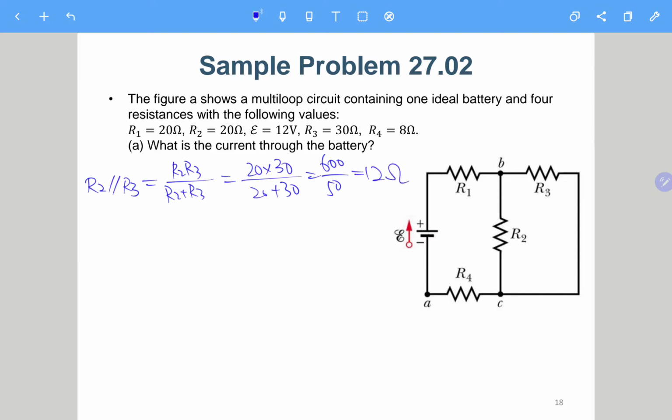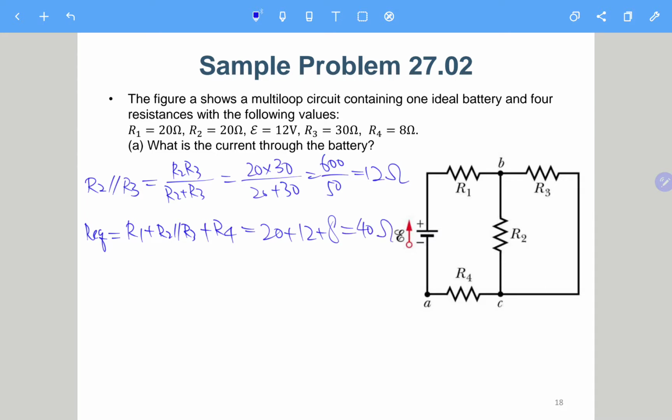So R equivalent will be R1 plus R2 parallel R3 plus R4. This one is in series with this one and then in series with this one. So we have 20 plus 12 plus 8, so this is 40 ohm.